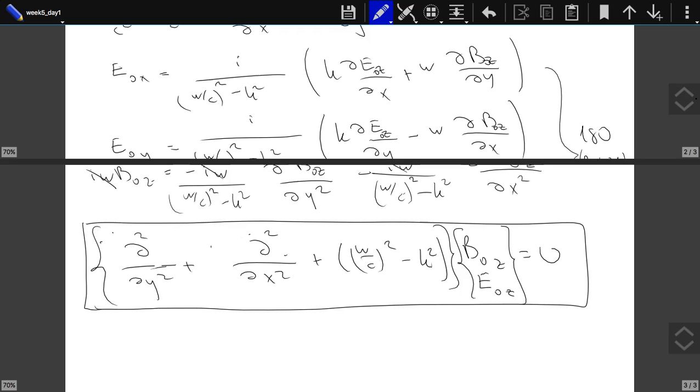That's the solution we know. But let's see, if we have a waveguide, can I still have both E0z and B0z equal to 0, and still have E0x and E0y non-zero in the case of a waveguide? Let's discuss it in a moment.